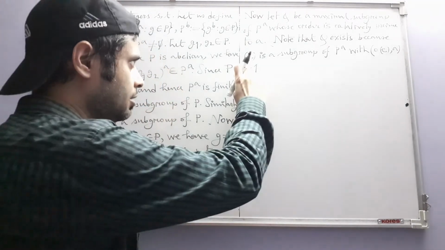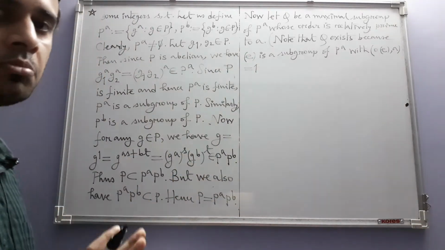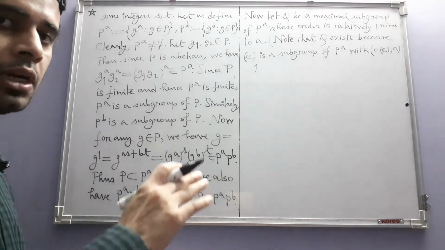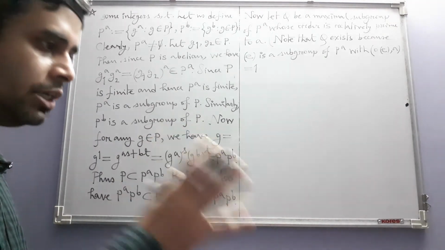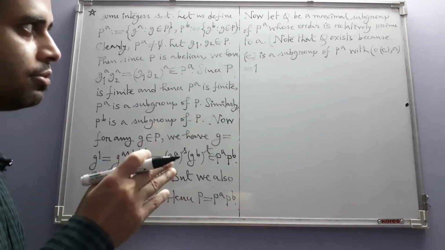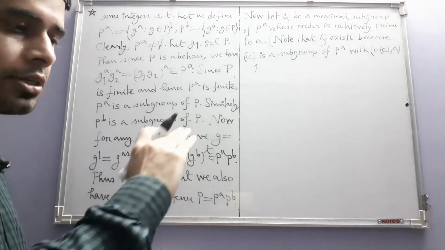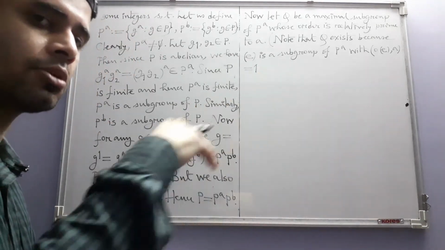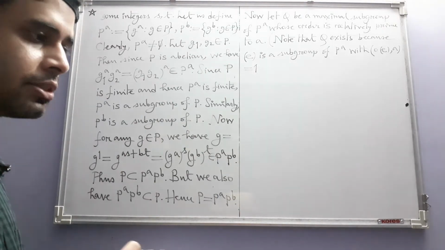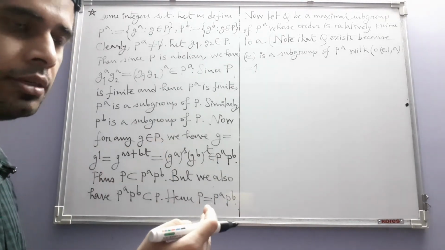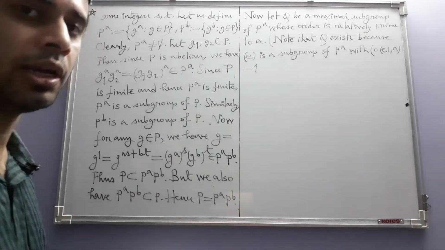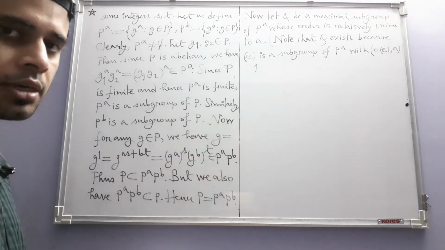So if E itself is not a maximal subgroup whose order is relatively prime to A, then you will get a bigger subgroup whose order is also relatively prime to A. If that turns out to not be maximal, you will get another bigger subgroup which contains this one, whose order will be relatively prime to A. But this process cannot go on indefinitely, because for this process to go on, you need more and more new elements to make those bigger and bigger subgroups.